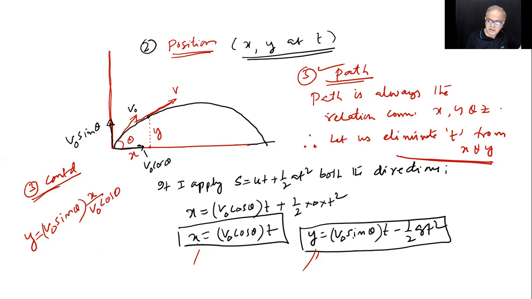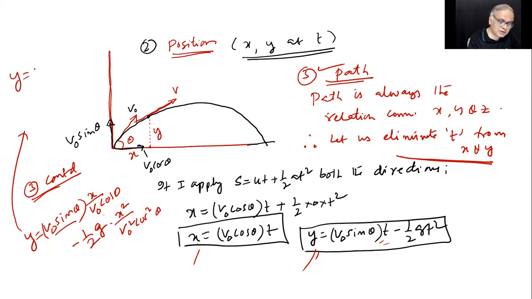V0 sin theta into t, t equals x by V0 cos theta, I put here. Minus half g. G is a constant. T square: x square by V0 square cos square theta. So t is eliminated.